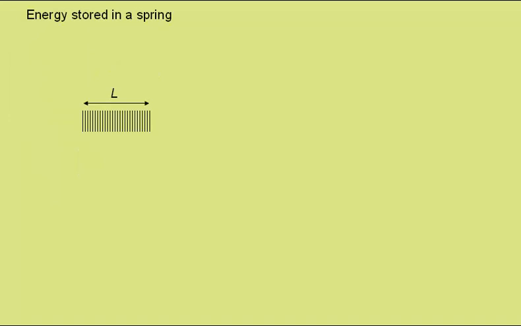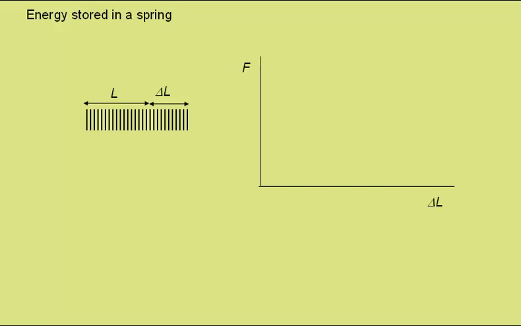The energy stored in a spring. Here again we have our spring of length L. We apply a force and extend it by a length delta L. Again, plotting a graph of force against extension, we would get the straight line through the origin. Now, force multiplied by a distance is equal to work done.